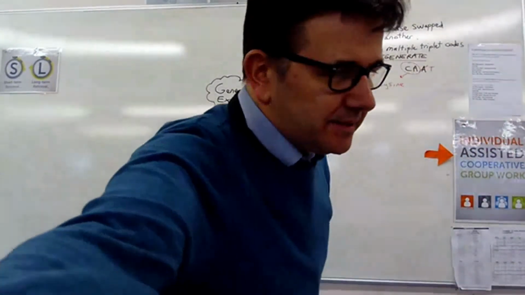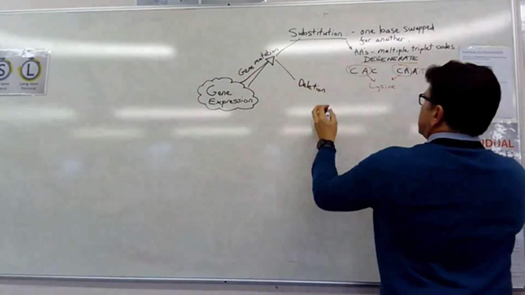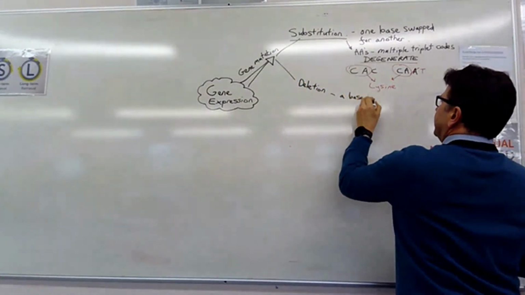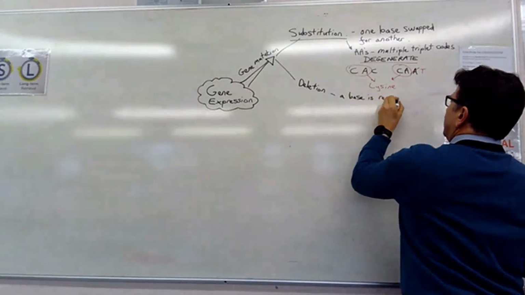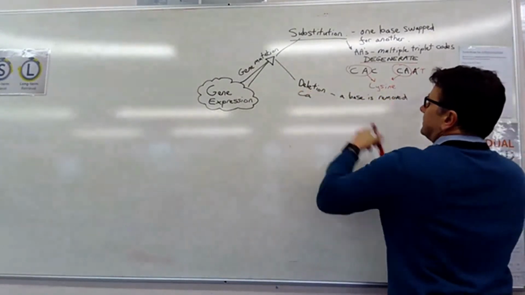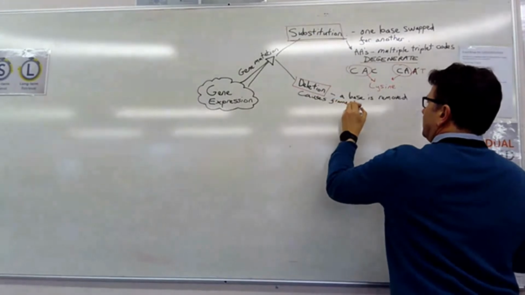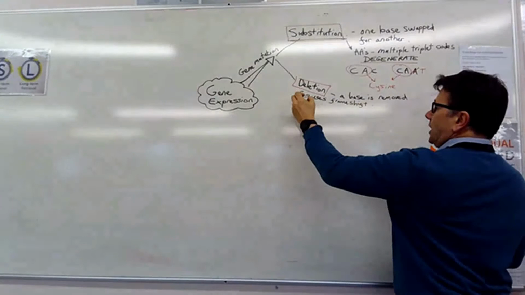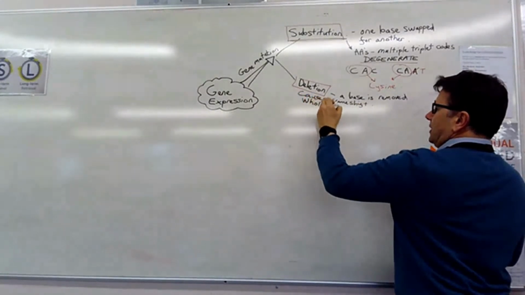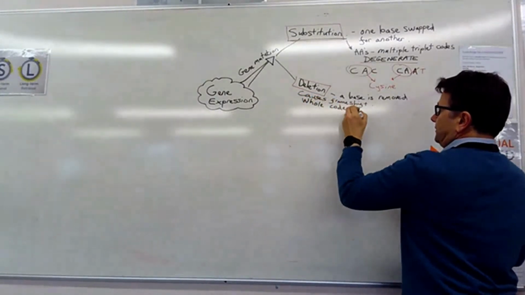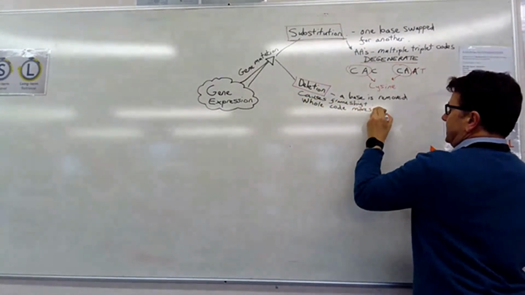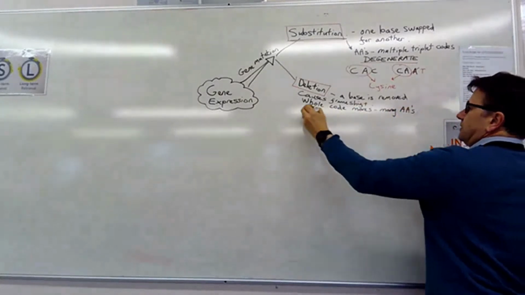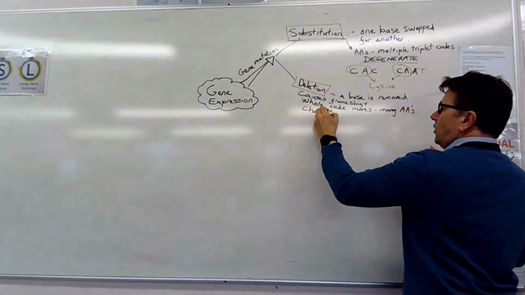Right, so deletion. That is where a base is removed. So this does cause what we call a frame shift. Basically downstream, the whole code moves, and therefore many amino acids can change, causing proteins to be non-functional.